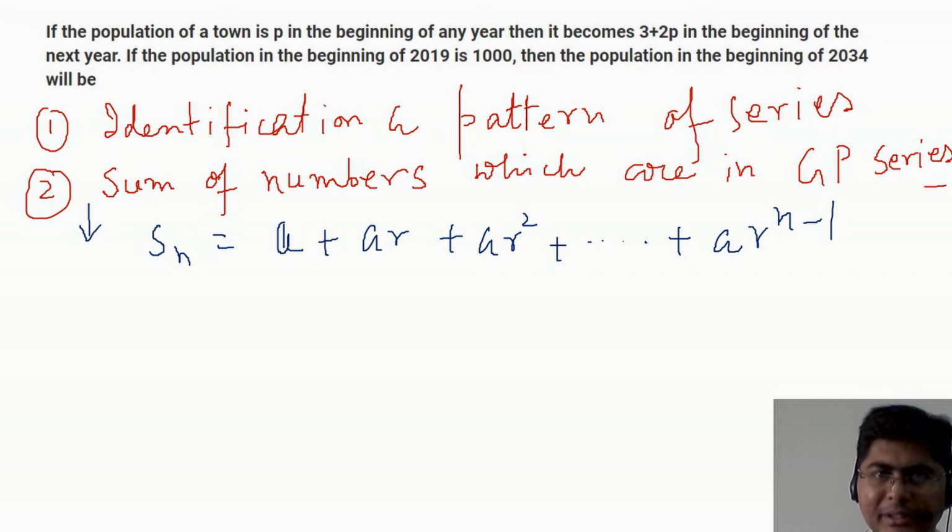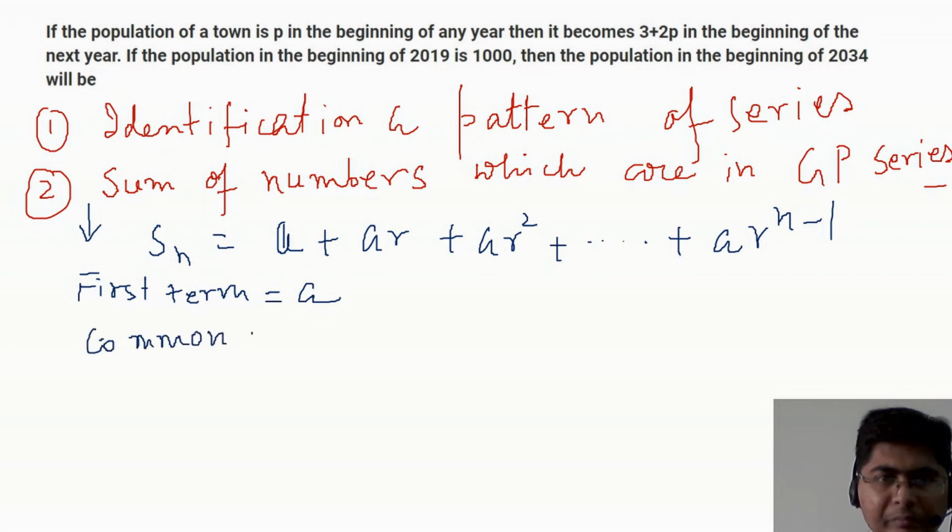This is the GP series. What is the first term? First term is A, and what is the common ratio? R, right?